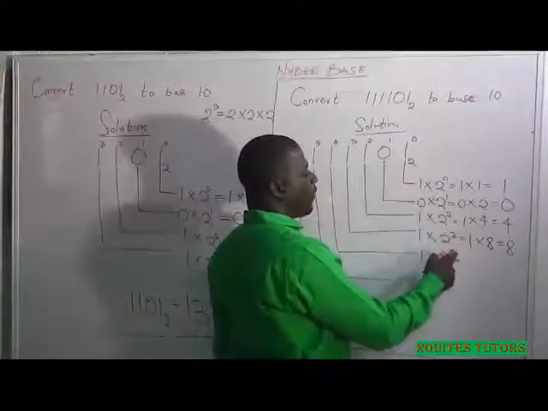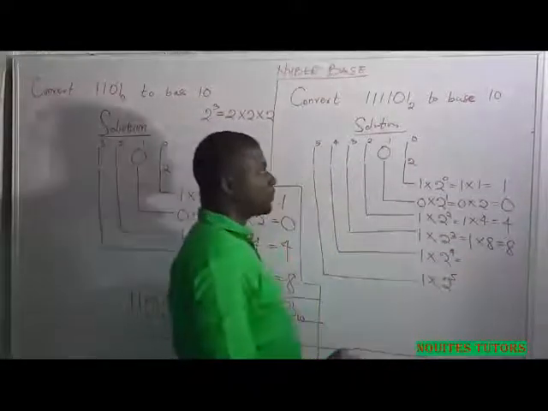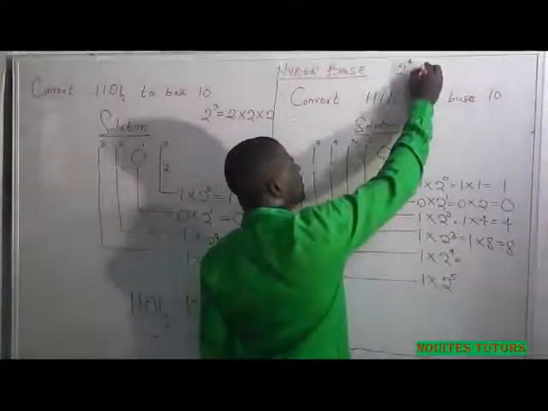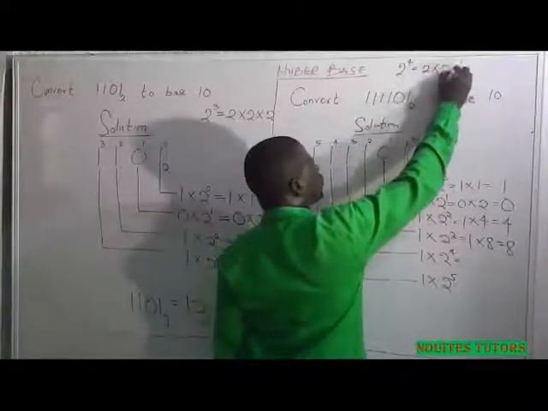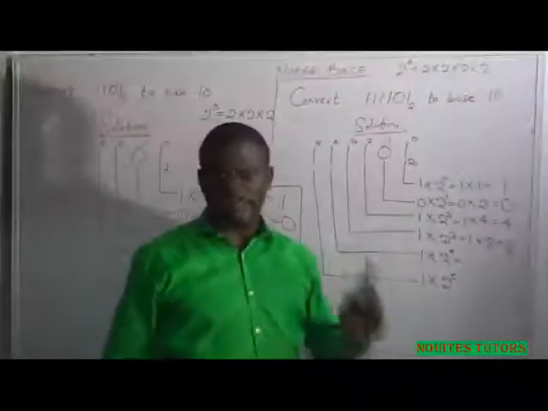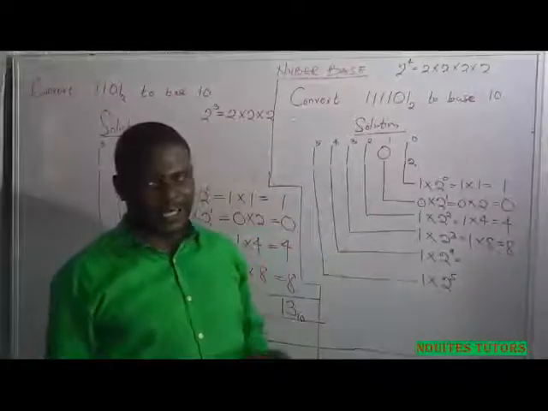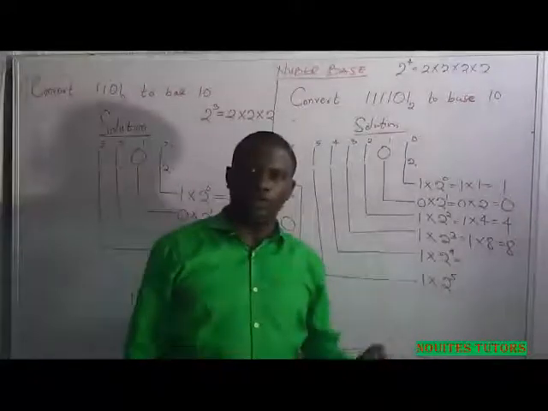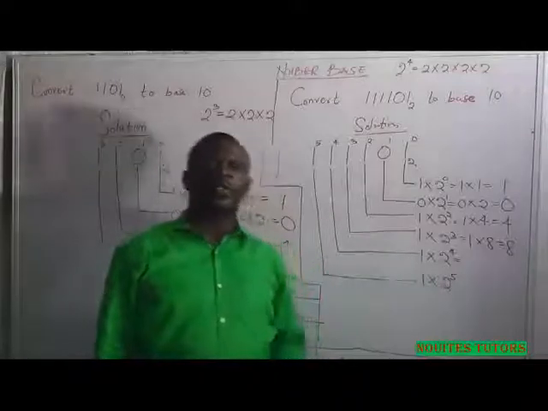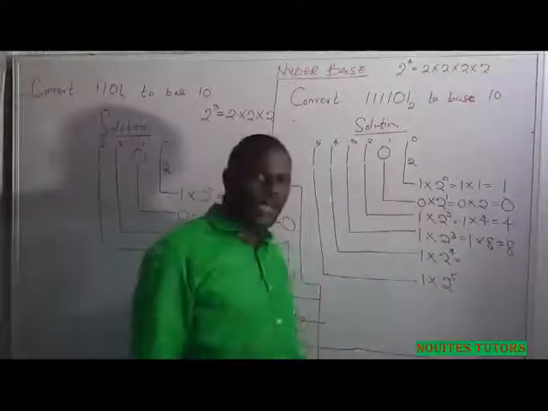Then 2 in 4 places is 16. Why? If we say 2 raised to power 4 is the same thing as 2 times 2 times 2 times 2. It does not mean 2 times 4. Don't make that mistake. 2 raised to power 4 does not mean 2 times 4. It means 2 times 2 times 2 times 2. You get that?